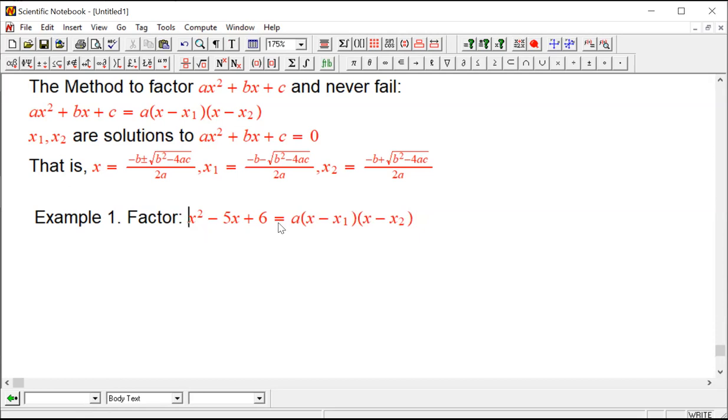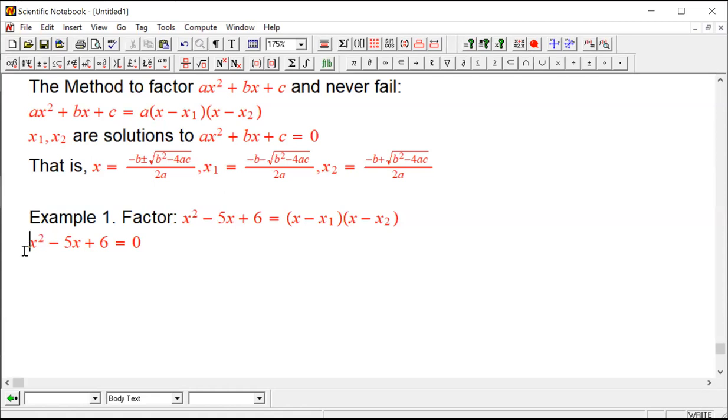What is a? a is 1, therefore it should equal 1 times that. And x1, x2 are solutions to the quadratic equation. So we're going to set this equal to 0. You know that's to find the x-intercepts of a certain quadratic function.